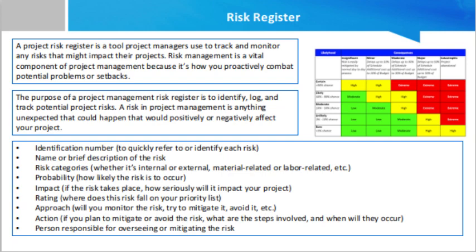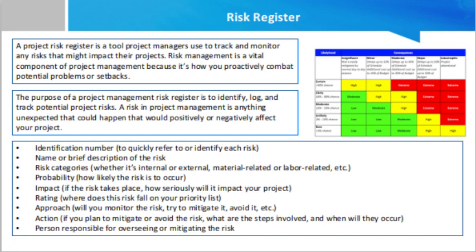Standard columns included in the project risk register are: identification number, to quickly refer to or identify each risk, a unique identifier; name or brief description of the risk; categories, whether it's internal or external, material related or labor related; probability, how likely the risk is to occur; impact, if the risk takes place, how seriously will it impact your project; rating, where does the risk fall on your priority list; approach, will you monitor the risk, try to mitigate it or avoid it; action, if you plan to mitigate or avoid the risk, what are the steps involved and when will they occur; and the person who is responsible for overseeing or mitigating the risk.